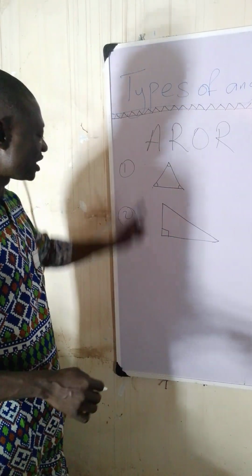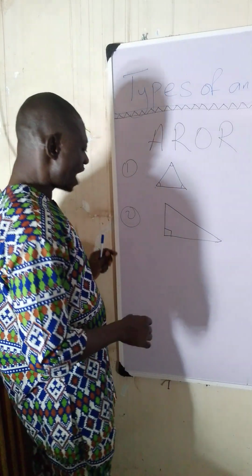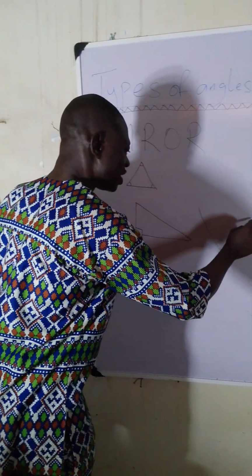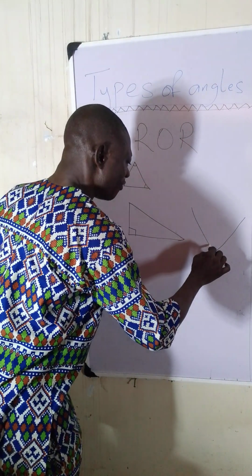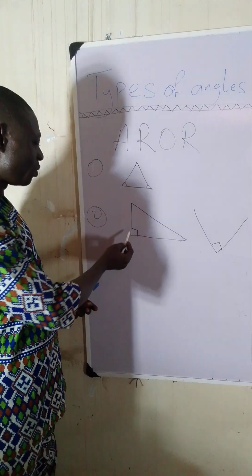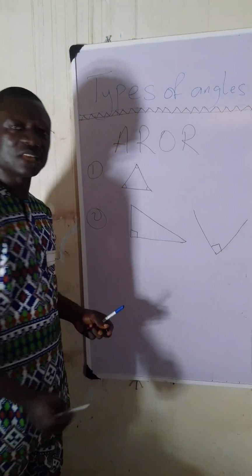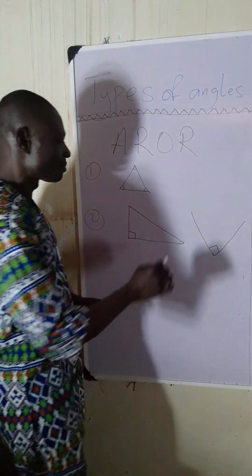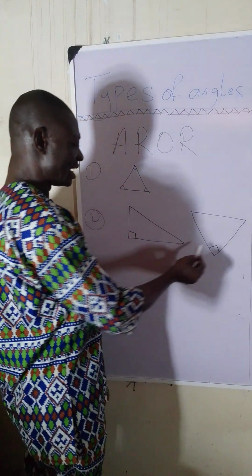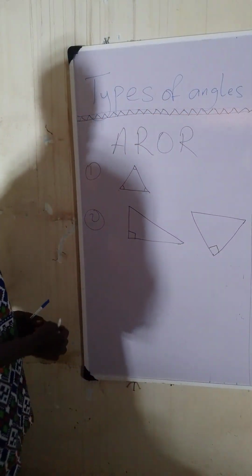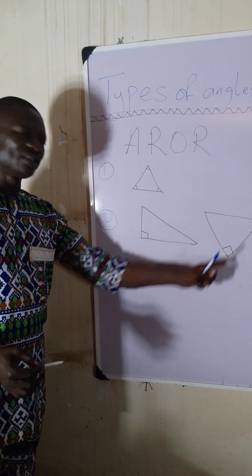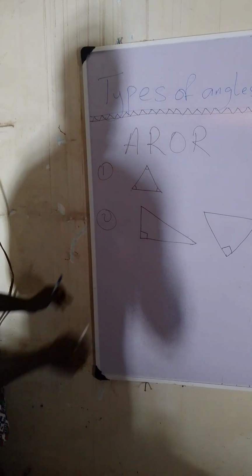So it must be that one of the angles is 90 degrees, whether it is facing up or facing down, provided we see the number 90 or we see the sign that shows that it is a perpendicular angle. So the angle we have here is 90, the angle we have here is 90. They are called right angle triangle because one of the angles is 90 degrees.